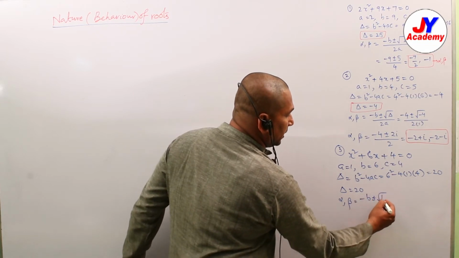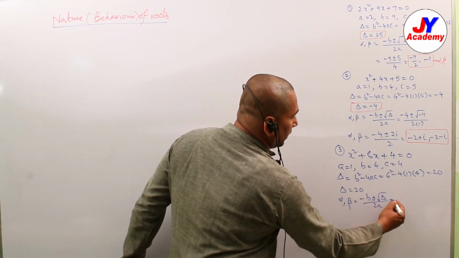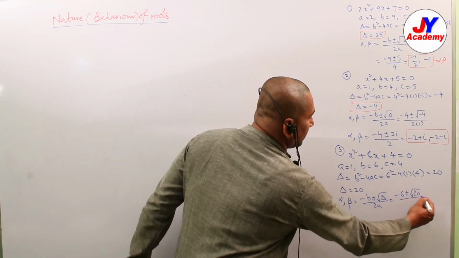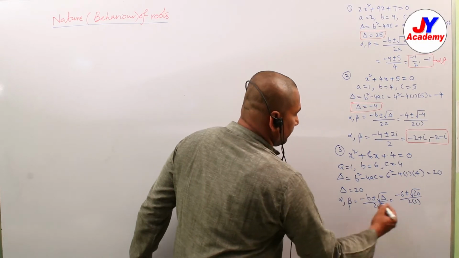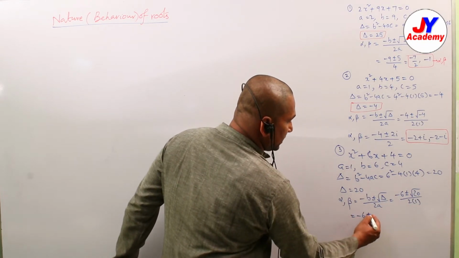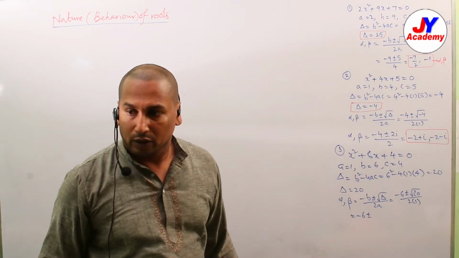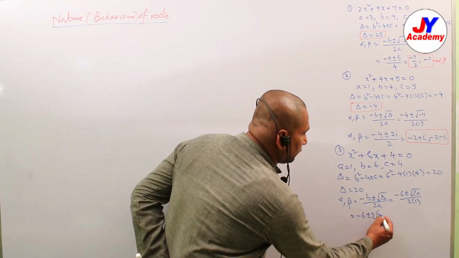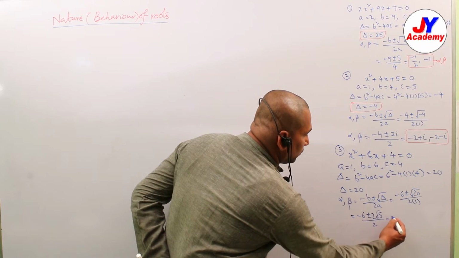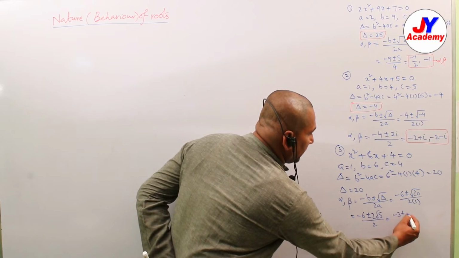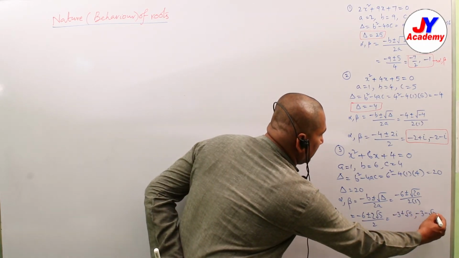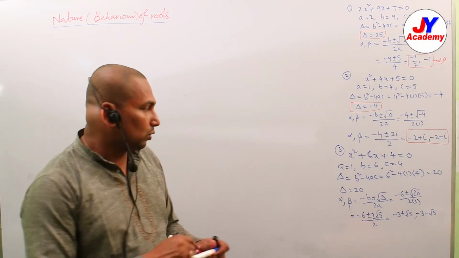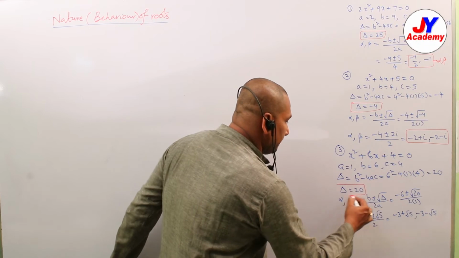Minus b plus or minus root delta by 2a, minus b plus or minus root 20 by 2a, that is equal to minus 6 plus or minus 4 5s, 4 5s 20 means 2 root 5. So 2 root 5 by 2. Now 2 is common. Minus 3 plus root 5, minus 3 minus root 5.